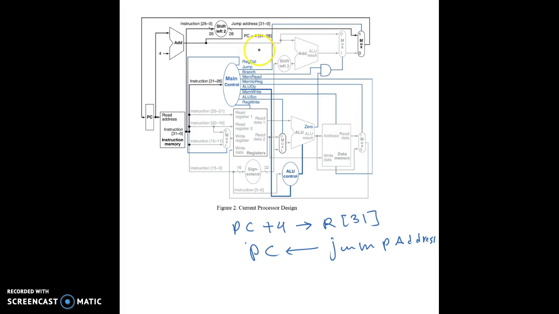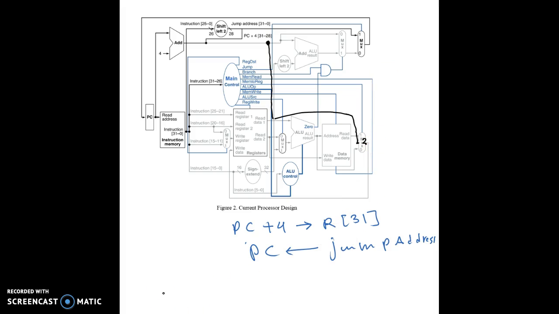So here, let's assign a 2 for this option. Okay, now memtoreg will select between either the data coming from the memory or the data coming from the ALU or PC plus 4.